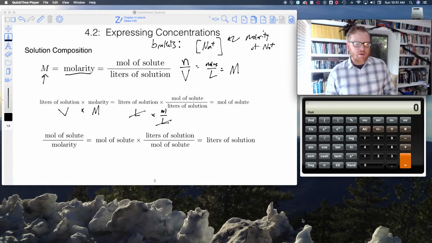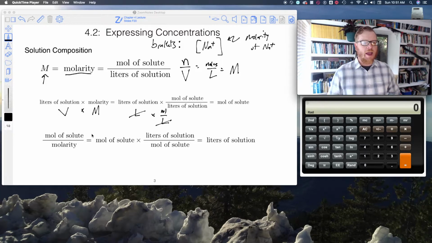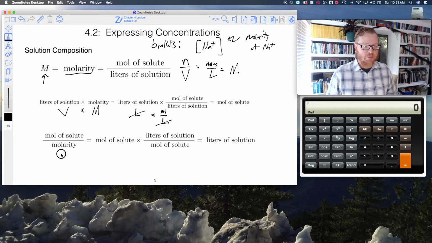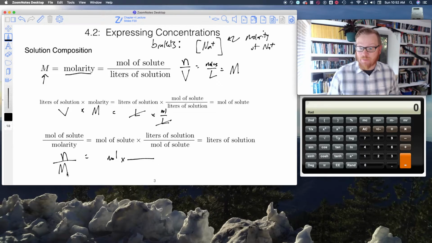Now, on the other hand, if we take our moles of solute, which I'll represent with lowercase n, divided by our molarity, capital M, that's the same as moles times, and since molarity is moles over liter, if we divide by molarity we flip it.